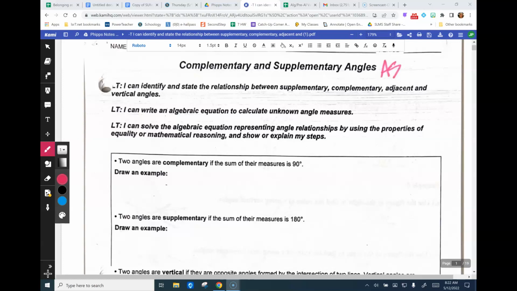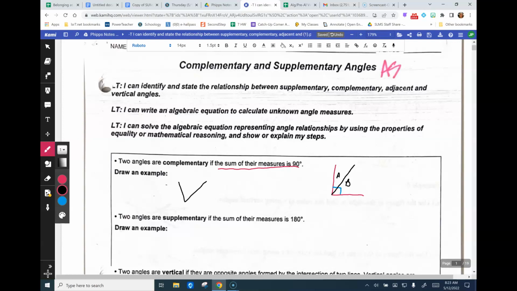So first off, we're going to talk about angles that are complementary. What you need to understand is it does say if the sum of their measures is 90. So if I have a 90-degree angle, and we know it's a 90-degree angle because this little mark right down here shows that it's a right angle, that is 90 degrees. If somebody puts a line right here, we know that this angle and this angle are complementary because they would add to 90 degrees.